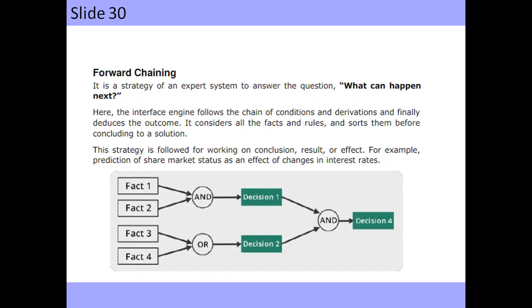It considers all the facts and rules and sorts them before concluding a solution. For a particular user or instance, it goes on until the goal is attained, and we conclude that particular solution. It fires the particular rule whose condition is true.